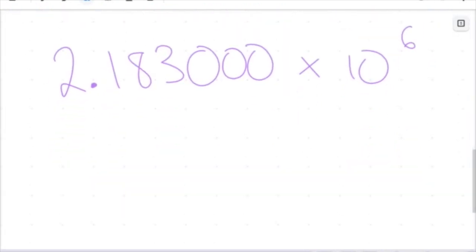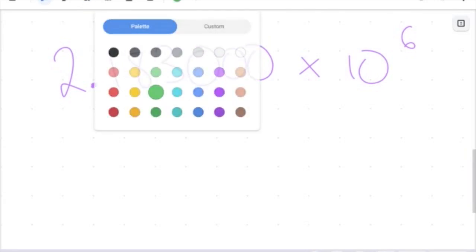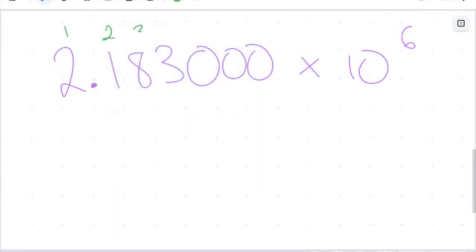So this is a condensed way to write my bigger number. Now, I have this in this form, but I want to convert this to 3 significant figures. So I want to count: I have 1, 2, 3 significant figures, these non-zero numbers in this case. So once I get to the point where I want to round, I'm considering the next number here, this 3. When we round, if the number following this one is 5 or more, we're going to round up.